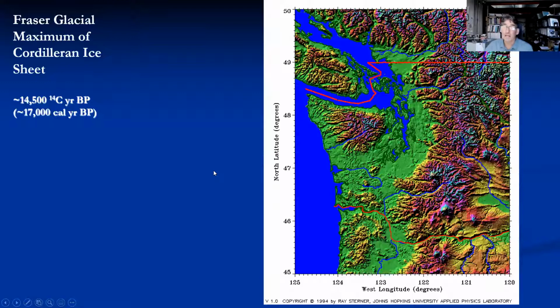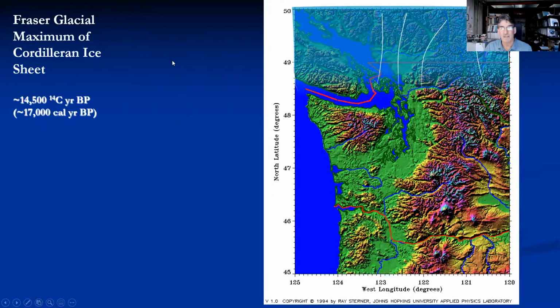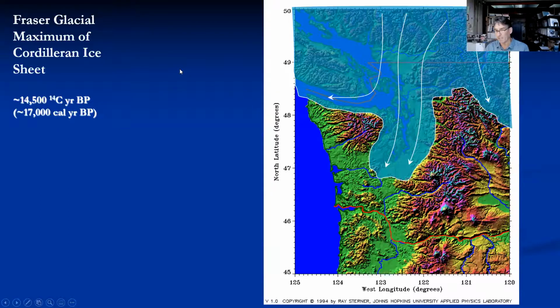So, setting the stage for what we're going to talk about today, as I mentioned earlier, the glacial maximum. There's my little sound effect, my one animation, hopefully that wasn't too intense. That was about 17,000 calibrated years ago.